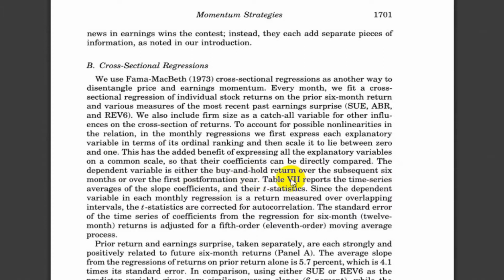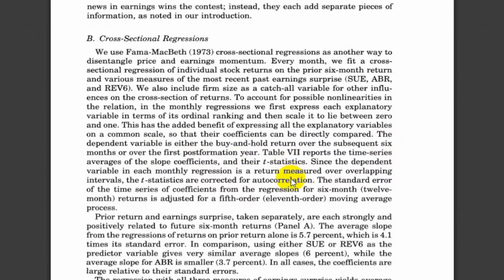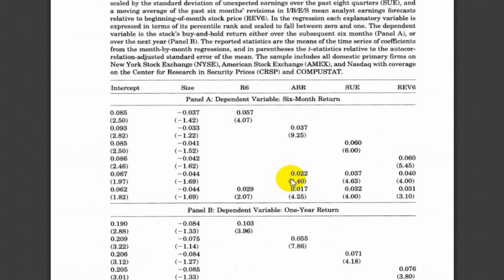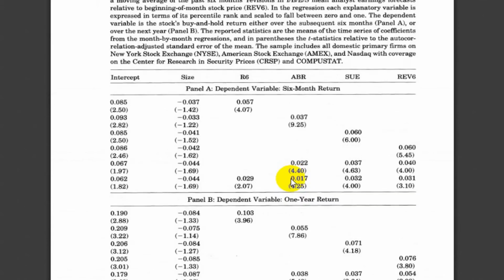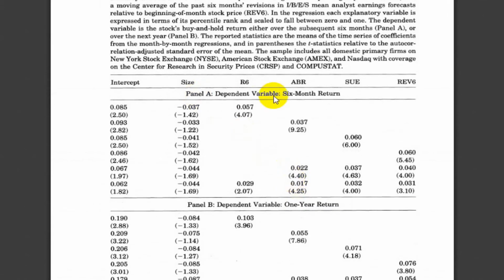And Table 7 presents this information, so let's go down to Table 7 to see the results. Here we have panel A, which shows the 6-month return, and panel B, which shows the 1-year return. We have the size, the past 6-month returns, the abnormal returns over the announcement date, the SU, and the analyst revisions piece.